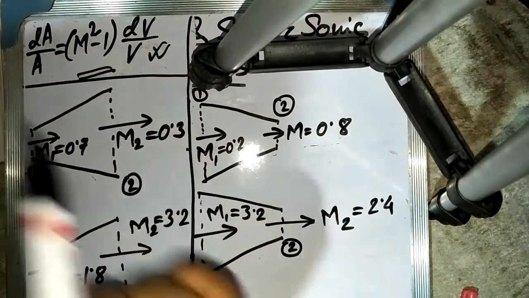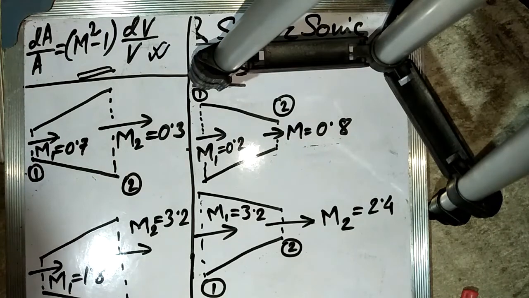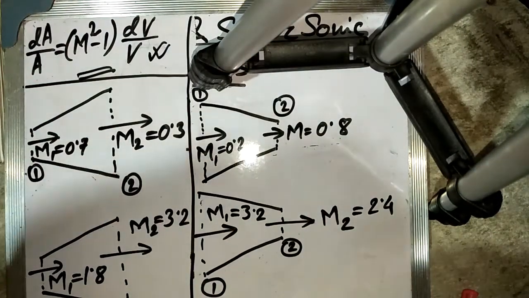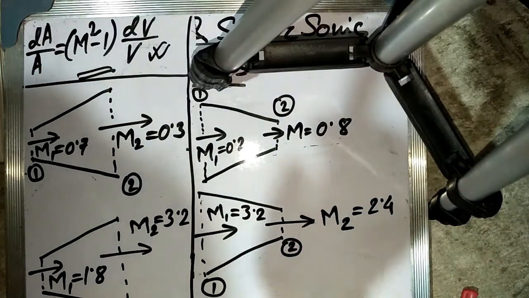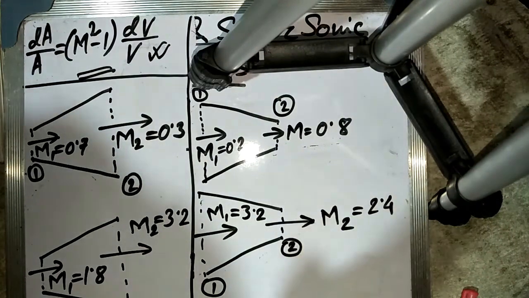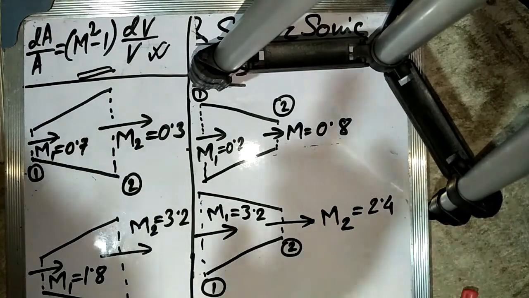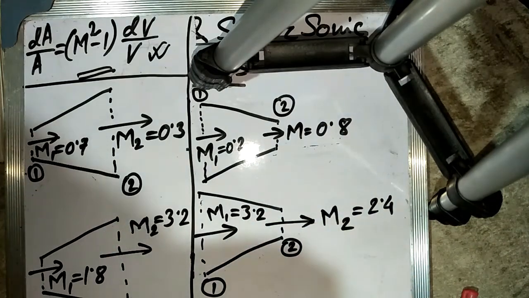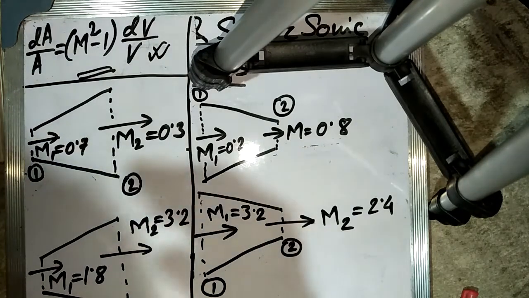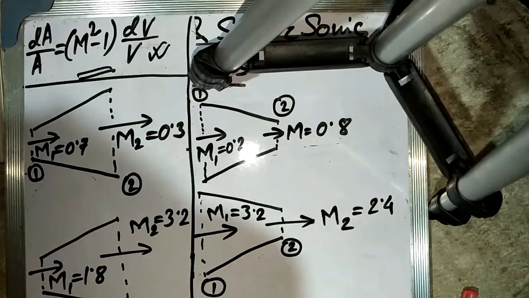From this equation we can comment that when the Mach number is less than 1, that means the inlet velocity is subsonic, as the area A decreases, the pressure decreases and the velocity increases. So for subsonic flow, a convergent passage or duct becomes a nozzle, and a divergent passage or duct becomes a diffuser.